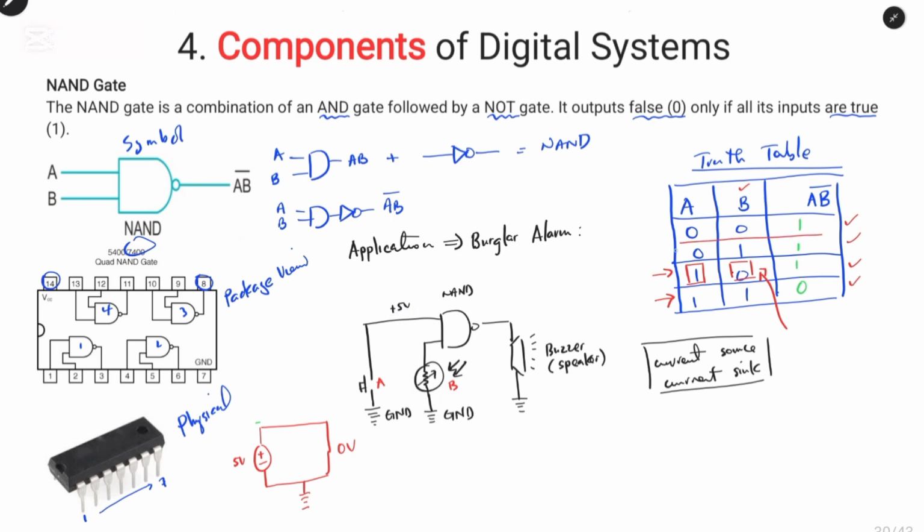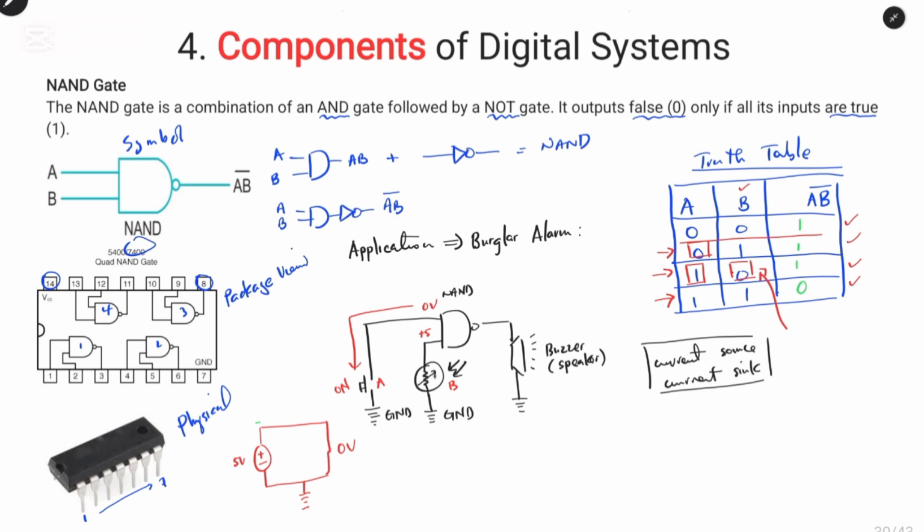In this case, when we want to achieve a low state at input A, we have to press switch A, and now all the current from input A is grounded to achieve input A as 0 volts, while input B is 1.